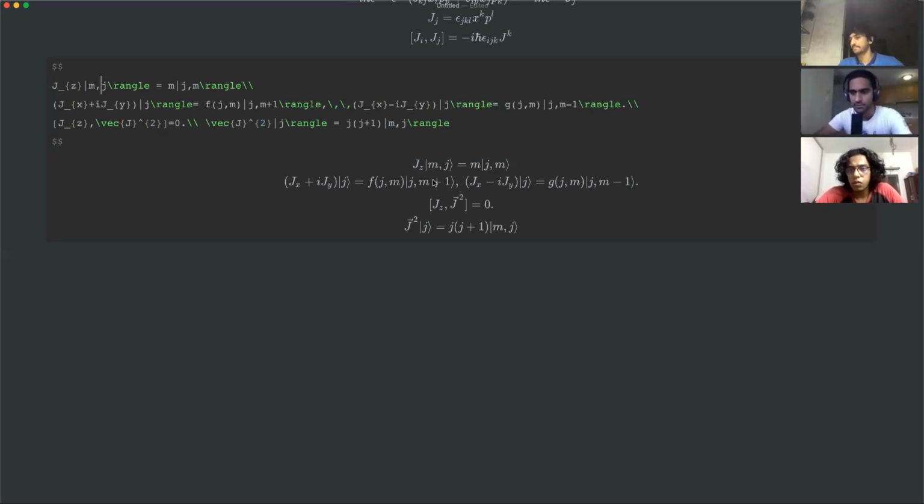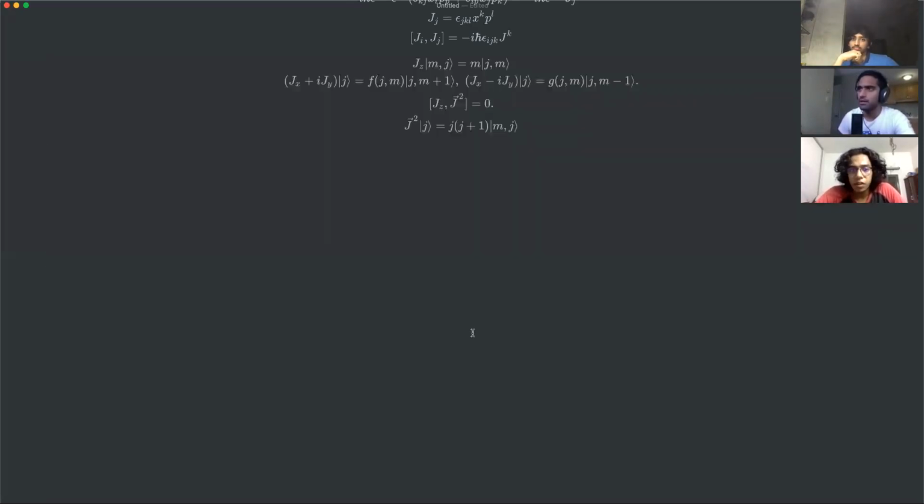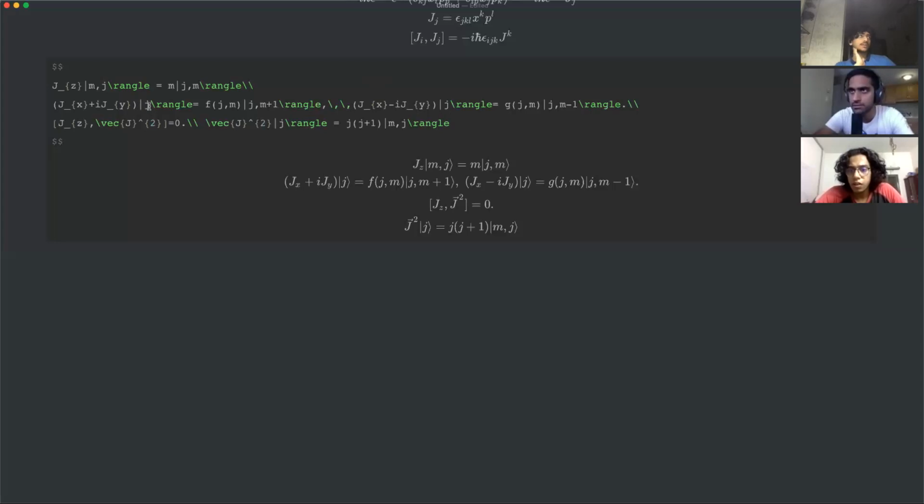Yeah. So J is like the total number of particles, if you like. It's related to that. Whereas M is which excitation you're in. Yeah. Okay, that's it for me.